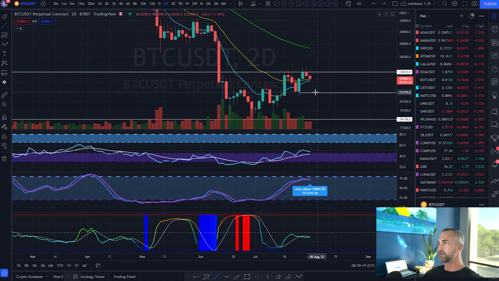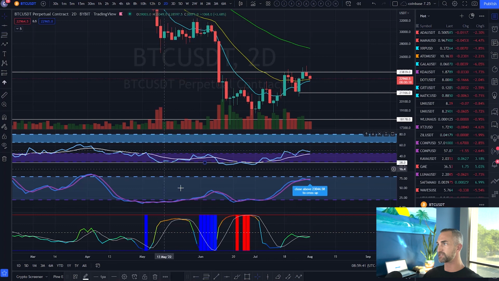And all we got to do is see the RSI hold and not basically break back down below this level right here, and this will remain valid. Really, this guy right here.